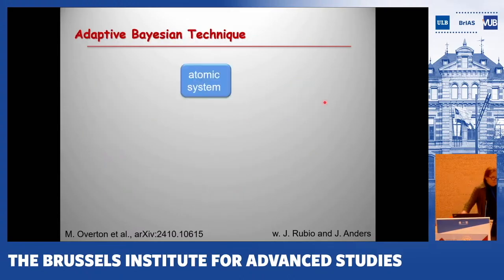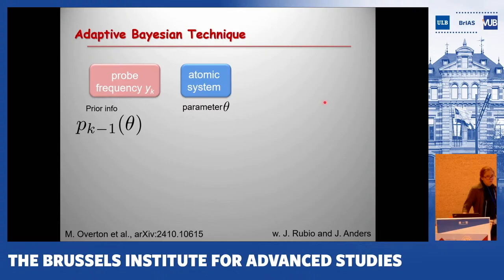Again, we have our atomic system, and that has a parameter theta that we want to probe, and we do that typically with some resonant frequency with a probe light, and we have some prior information about this. The example that I will tell you about is we want to measure the atoms in our hole. That would mean our probe is the frequency that we send in, and our prior information is that it's larger than 0 and possibly less than 1 million, let's say.